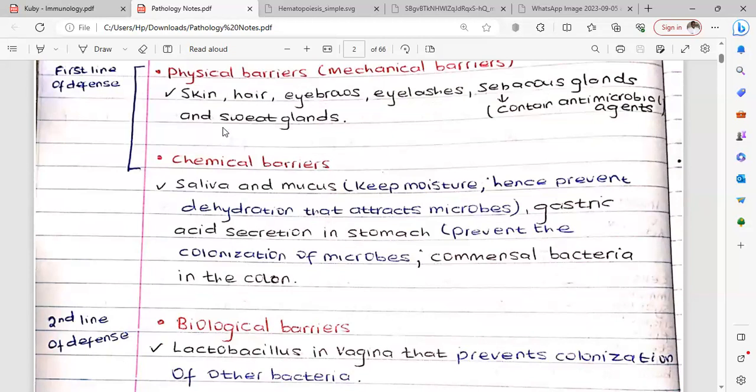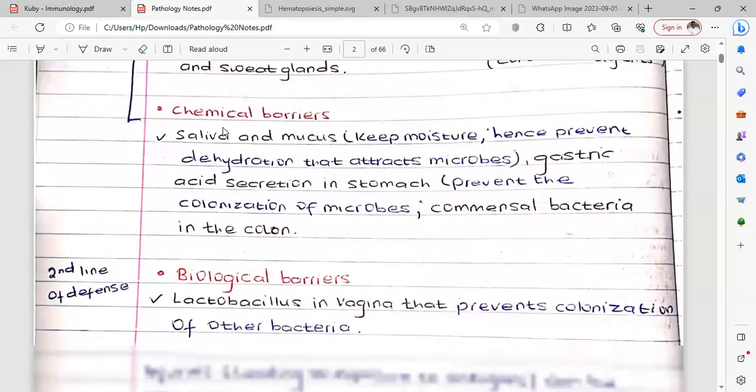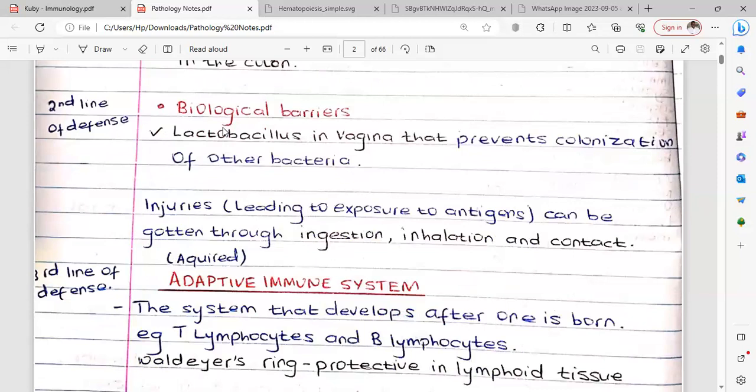You get through the very first one before you get to the next. And then the third line now involves the antibodies.